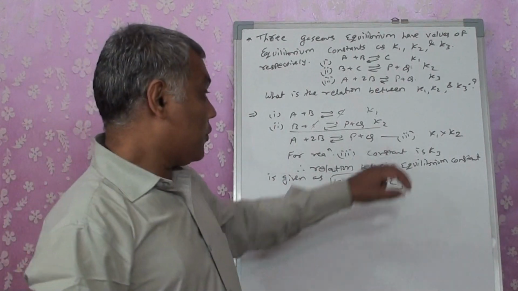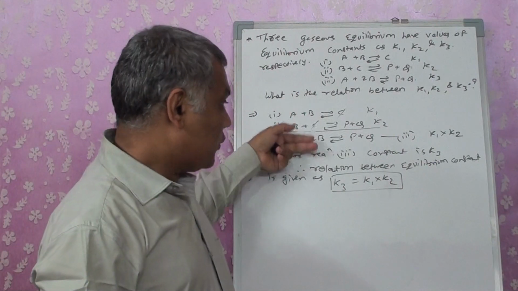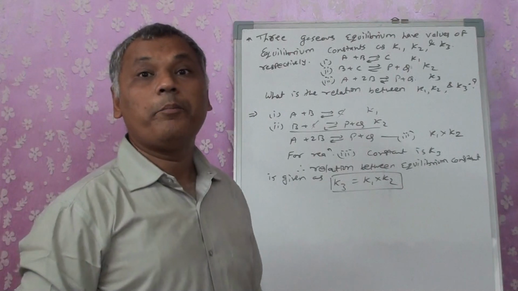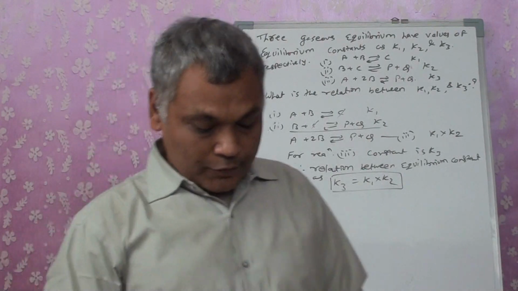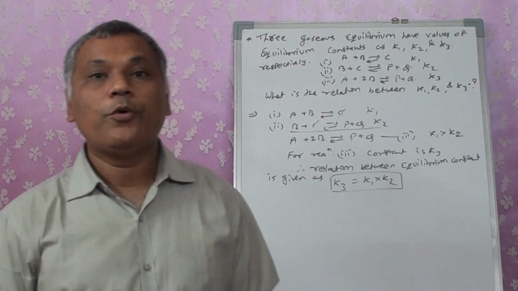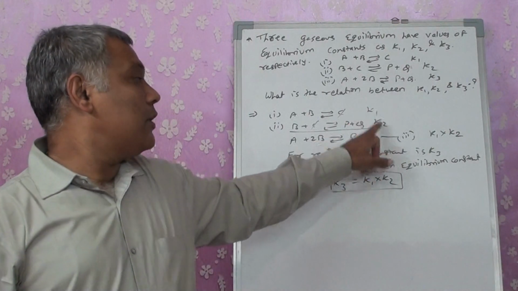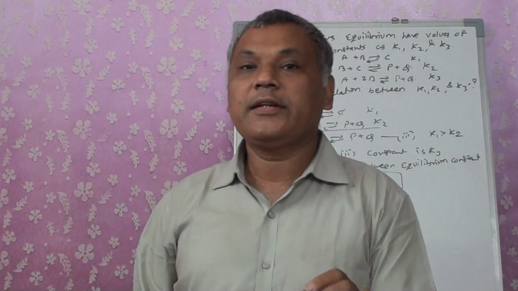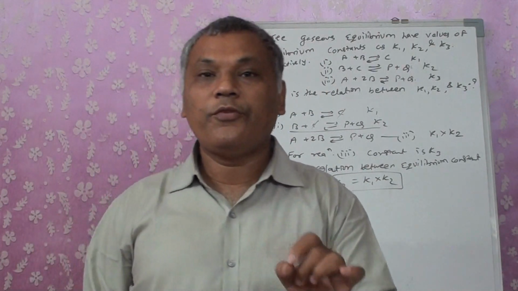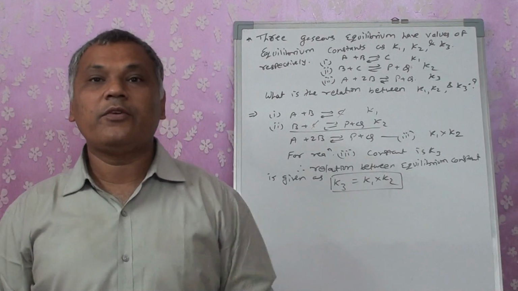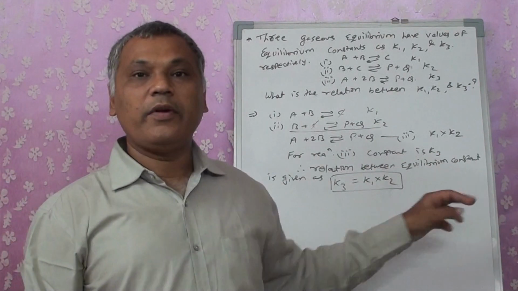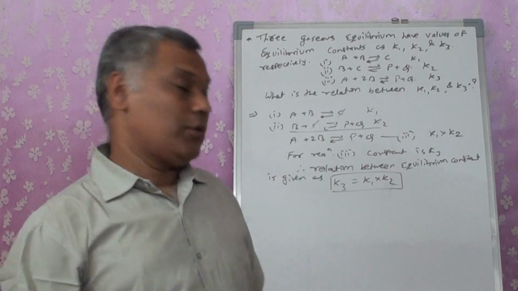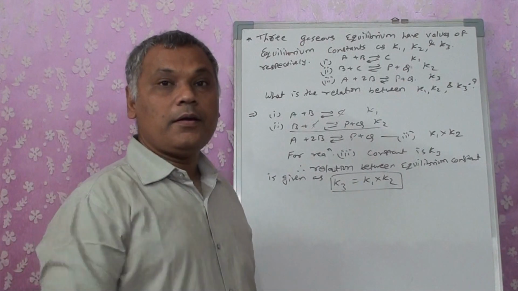Alright. Whenever summation of reactions is done, the constants are multiplied. Whenever we are given such numericals where K1, K2, K3 are given as variables and they don't specify the values, we write the relation. If they had specified the values, we would have multiplied those to get the answer. Right? Okay.